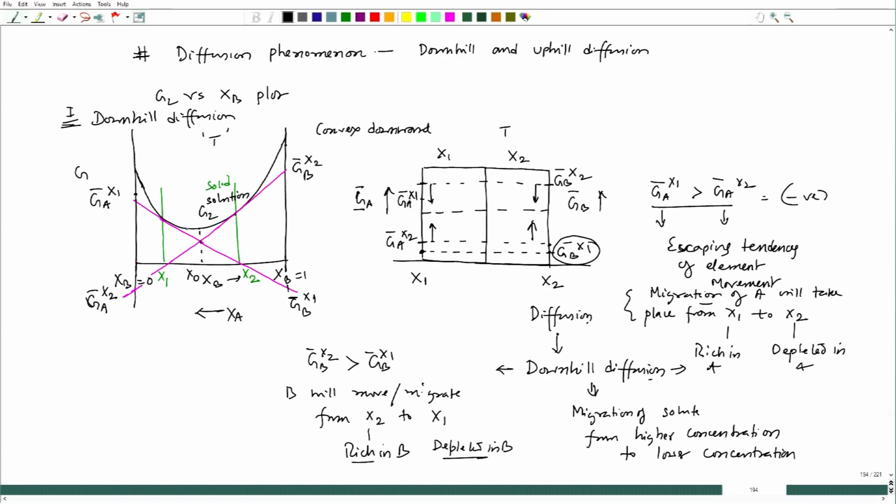In fact, at this common composition the two tangents will merge with each other. So, that means there is no chemical potential gradient, and there will be no net flow of solute from one phase to another. They will achieve one midpoint concentration where the chemical potential gradient ceases. That is the driving force there.